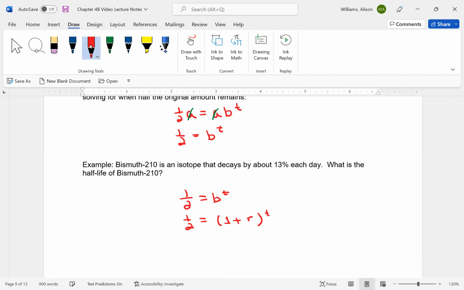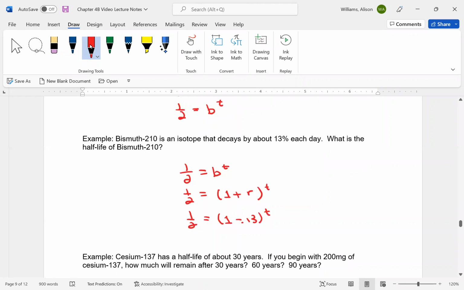R is negative 13% since it's decaying by 13%. So this becomes 1 minus 0.13 to the T, and we're basically trying to solve this equation: 1/2 equals 0.87 to the T.